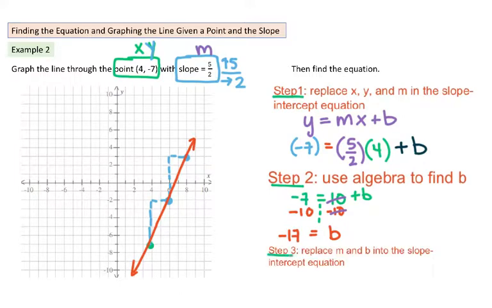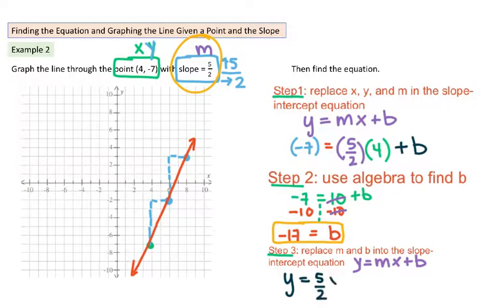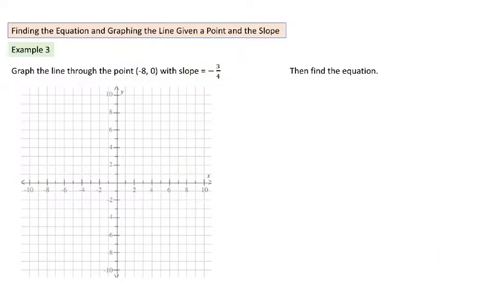And for step 3, we will replace the slope and the b that we just found into the slope-intercept equation. And we will get a final equation of y equals the m, the slope, which is 5/2 x, plus the y-intercept b, which is -17. Plus a -17, we can just write it as -17. And there is the equation.